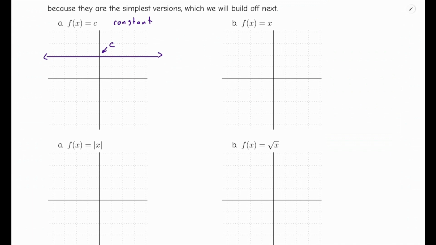Now this, again, would be y equals x, but we're using function notation, so f(x) equals x. This is called the linear function, and it looks like this.